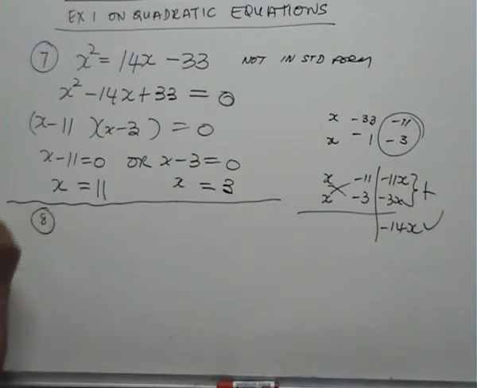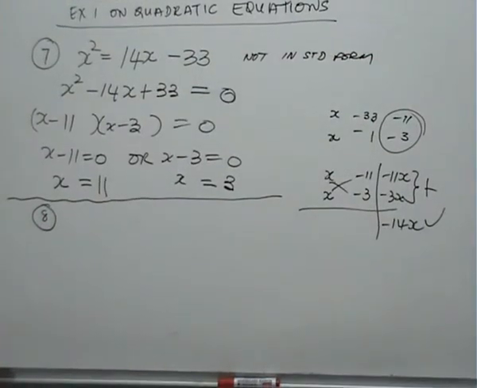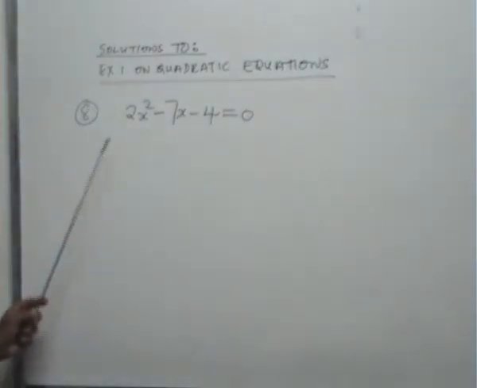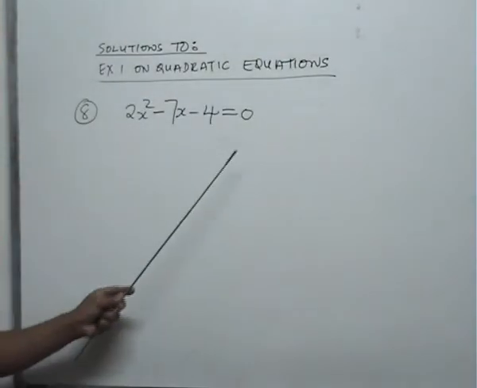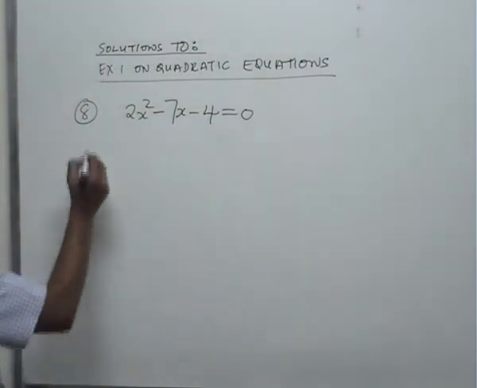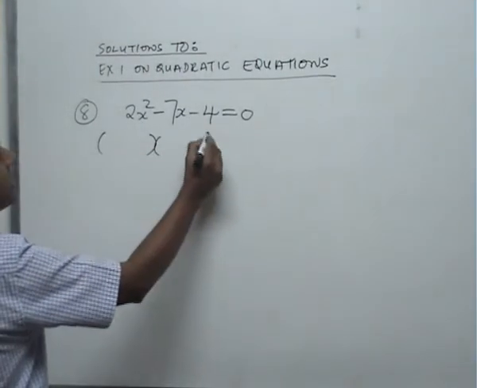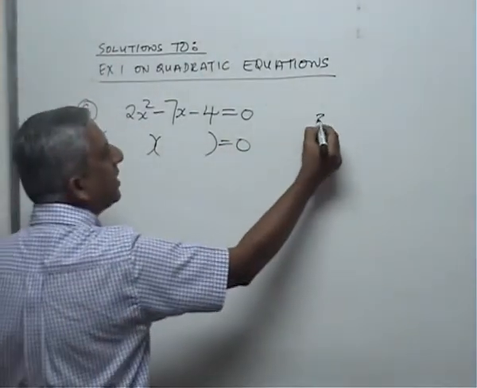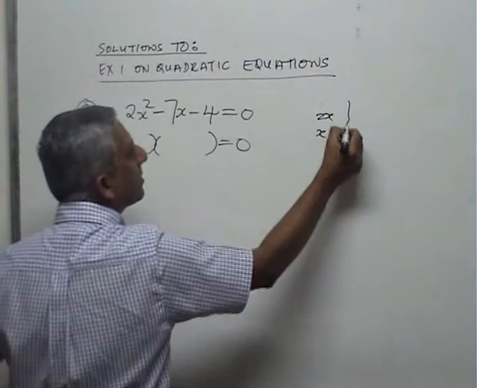And finally we do number 8. Alright, here's number 8. And firstly, it is in standard form. So that's fine. We can go ahead and factorize it. So I'll help you with this one. You see, you got 2x squared, so you write 2x and x.